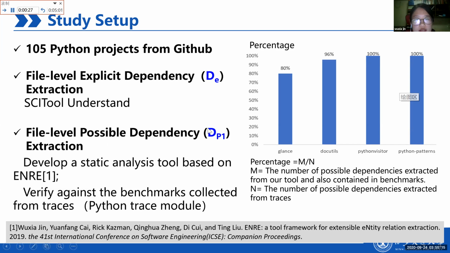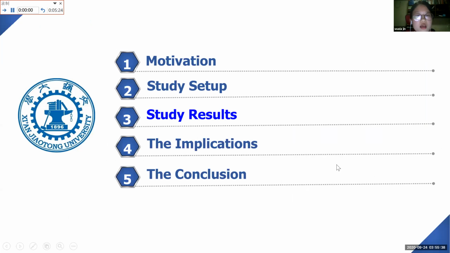We denote the result as DP1. We also verified our tool against the benchmarks collected from the traces. This figure shows the verification results on 4 Python projects. Let's see our study results.